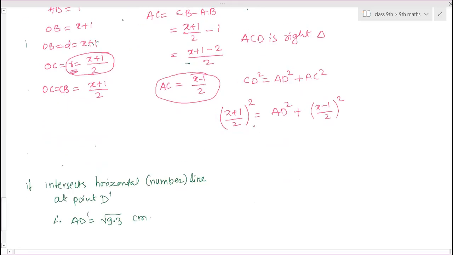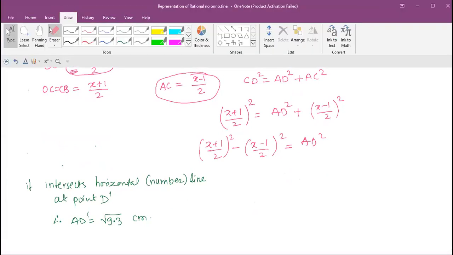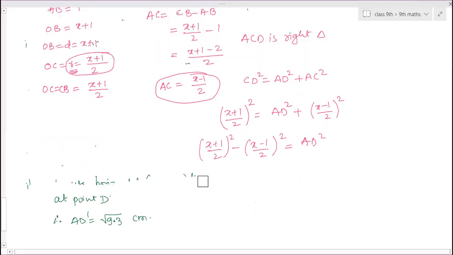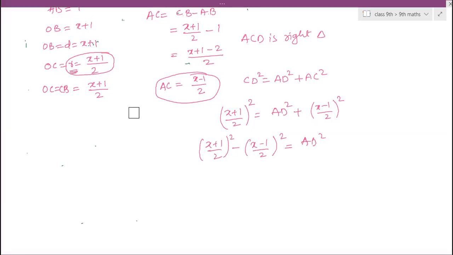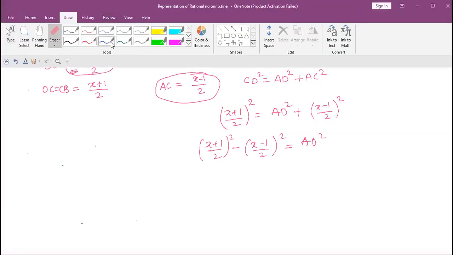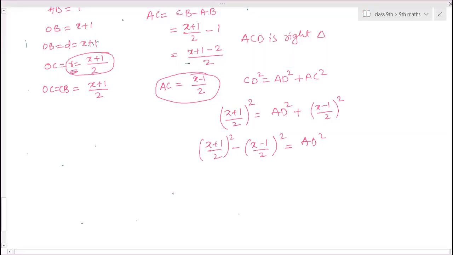Now simplify this. AD square is equal to x plus 1 by 2 whole square minus x minus 1 by 2 whole square.